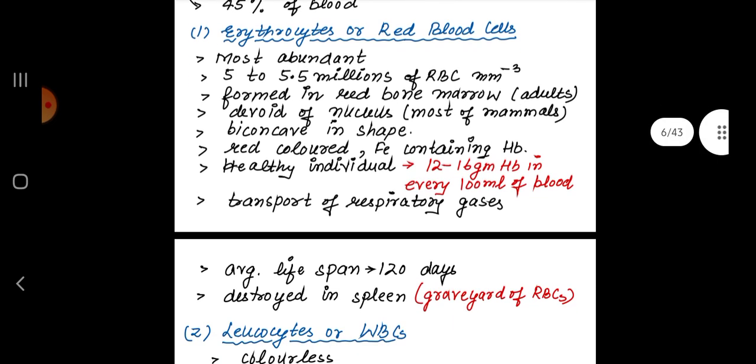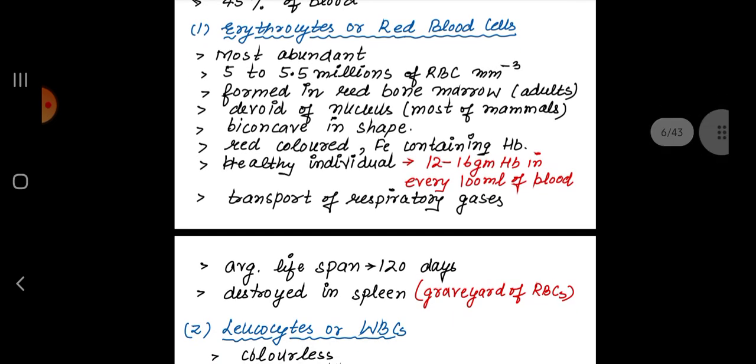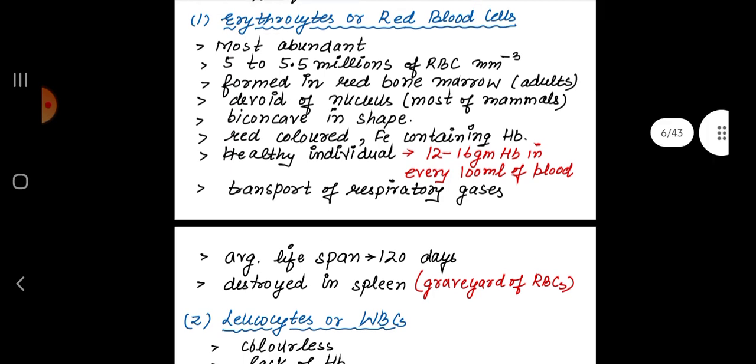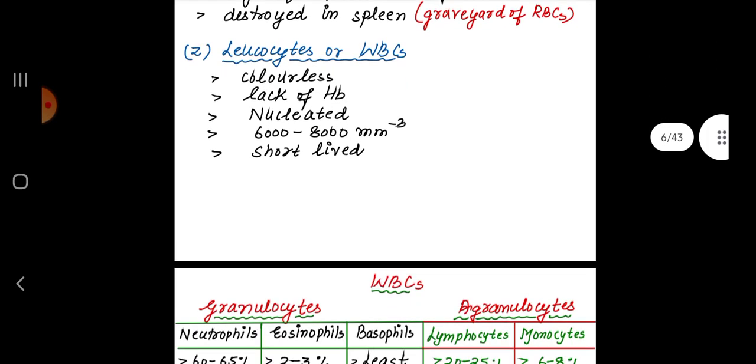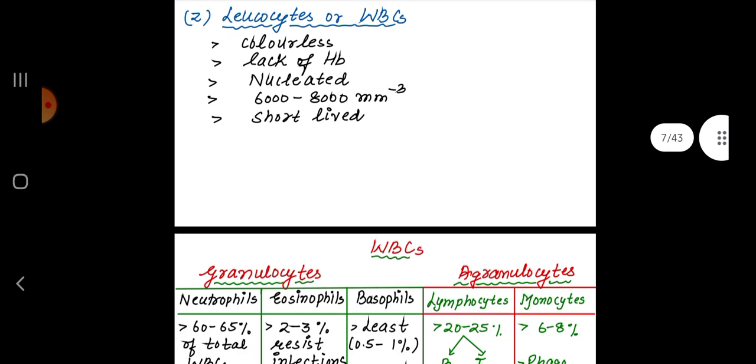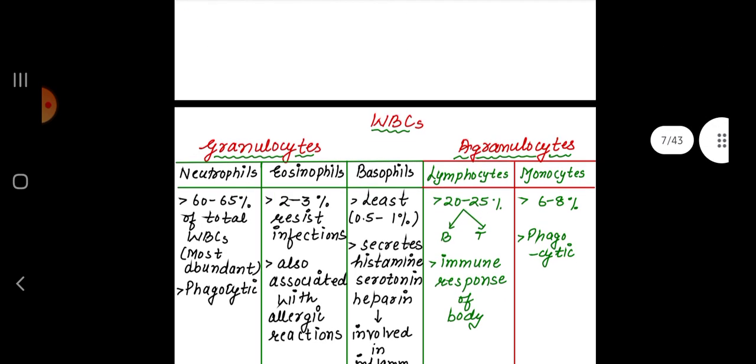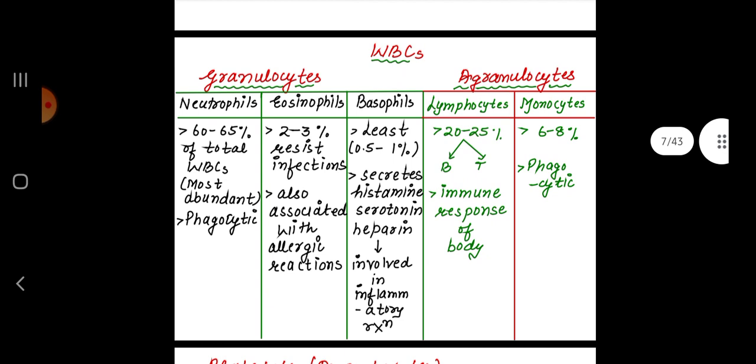Erythrocytes or red blood cells are the most abundant, formed in red bone marrow, devoid of nucleus, concave in shape, red colored, and they transport respiratory gases. Leukocytes or WBCs are colorless, lack hemoglobin, nucleated and short-lived. WBCs are of two types, granulocytes and agranulocytes.